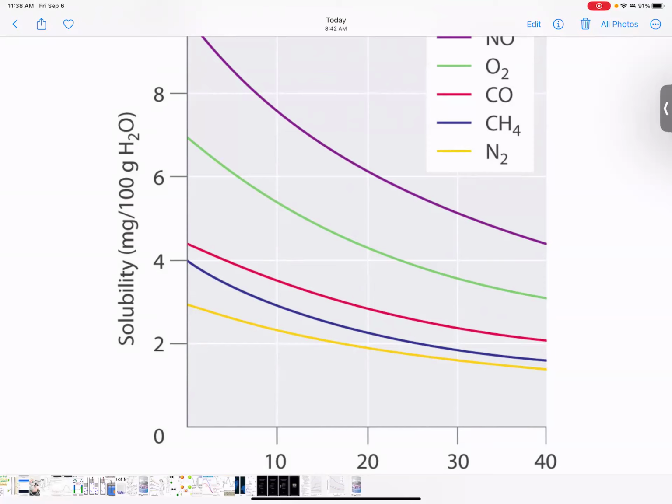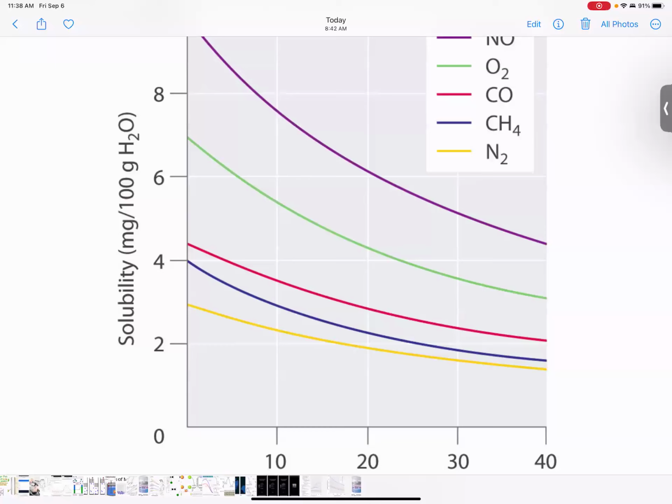There's a happy medium, and that's why the drinks are bottled under 5 atmospheres. There's a happy medium between temperature and pressure at which you're gonna get the maximum amount of gas in solution. But if you change either one of those, you can increase or decrease, in this case decrease, the amount of gas that goes in solution.